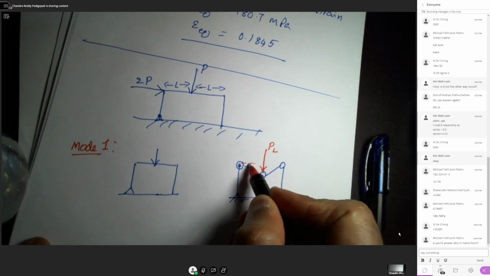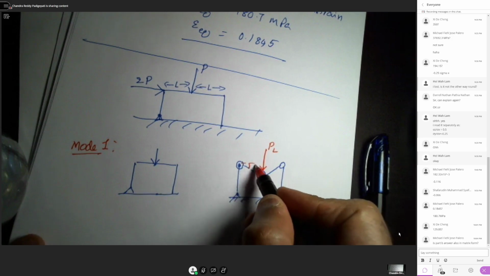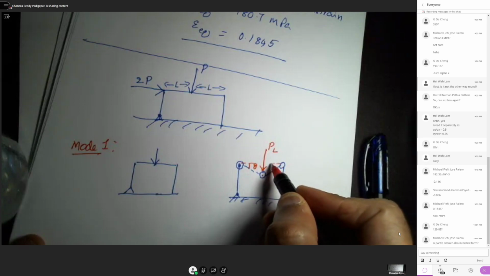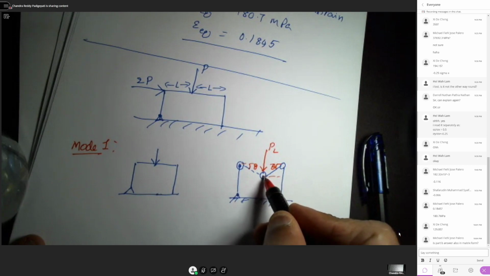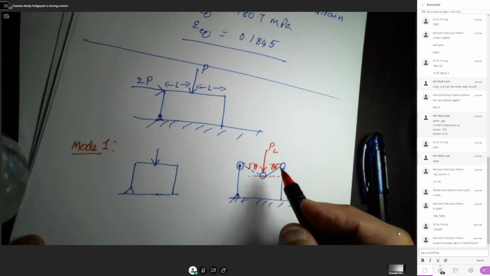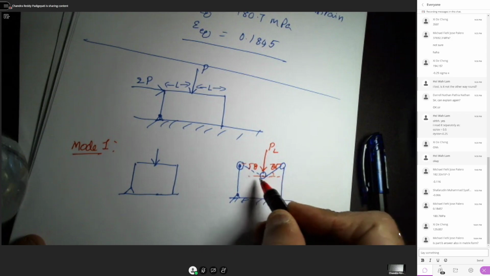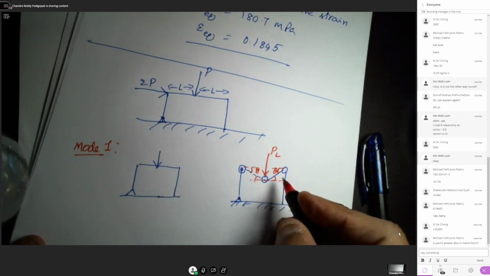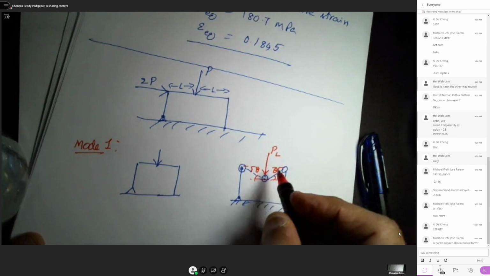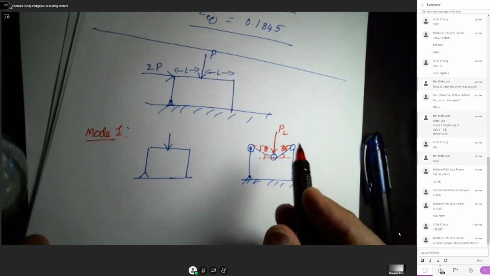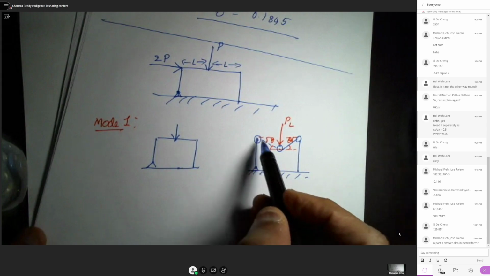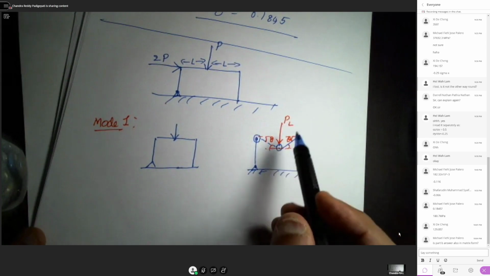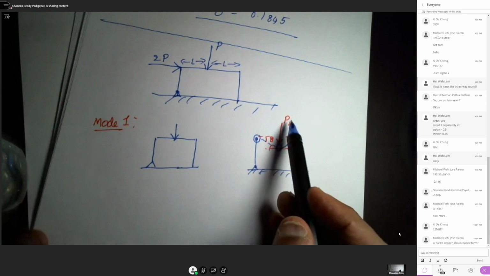So we can show this is the angle theta. With reference to this, we will have the angle theta and theta. This will be the collapse mode due to the vertical load.